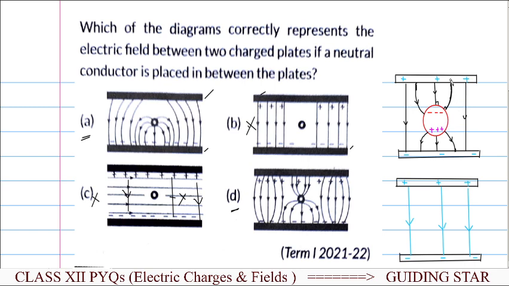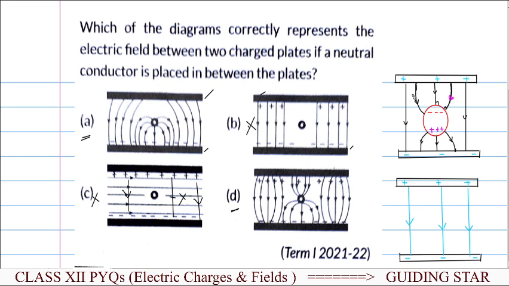Due to this, the field line will be attracted towards the negative charge. That's why they bend. And when it exits, it goes to the negatively charged plate.